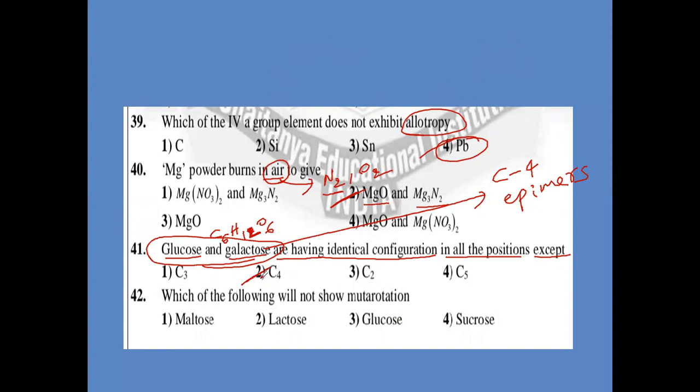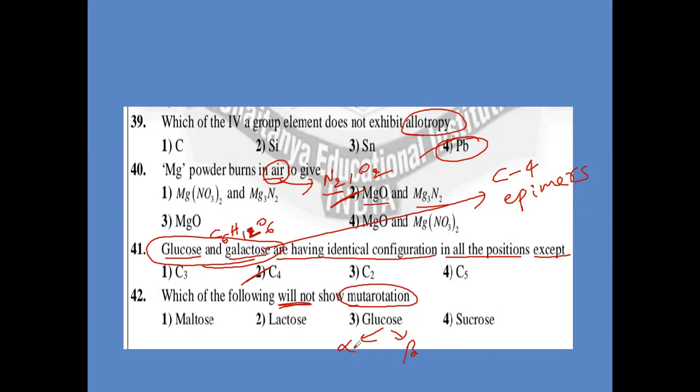So the answer is the second option. The next, which of the following will not show mutarotation? Mutarotation means, suppose you take the alpha form and beta form of glucose. Suppose the alpha form has plus rotation and the beta form has minus rotation.